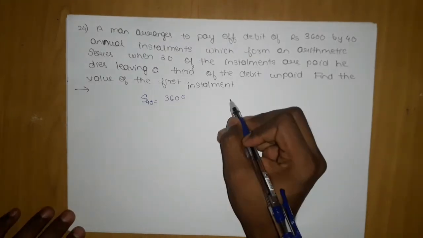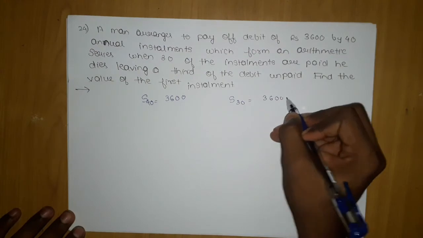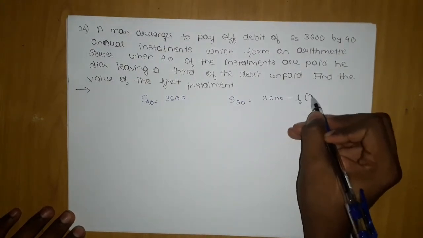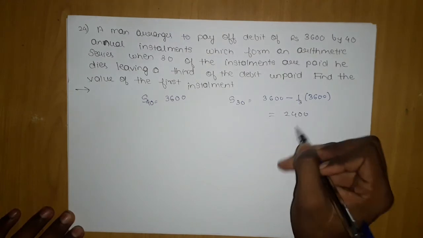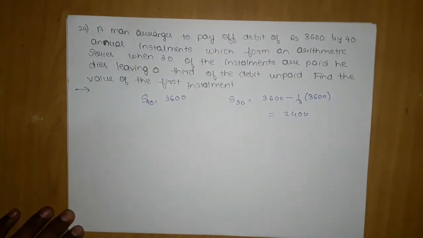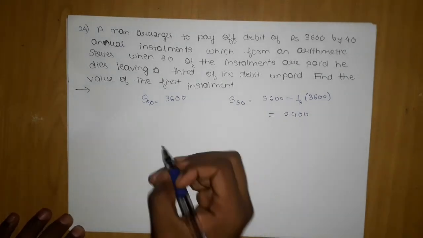So he died at S30. How much is left? One third of 3600, which is nothing but 1 by 3 into 3600, which gives us 2400 as the sum. Now what we have to do is find the value of the first installment.